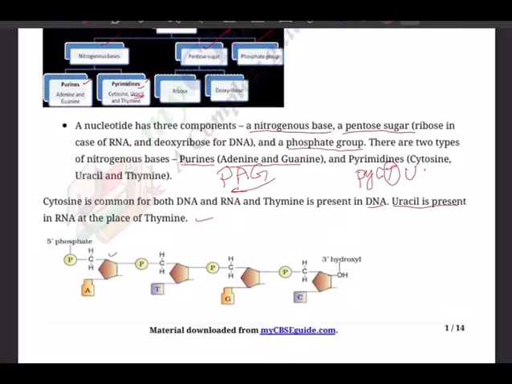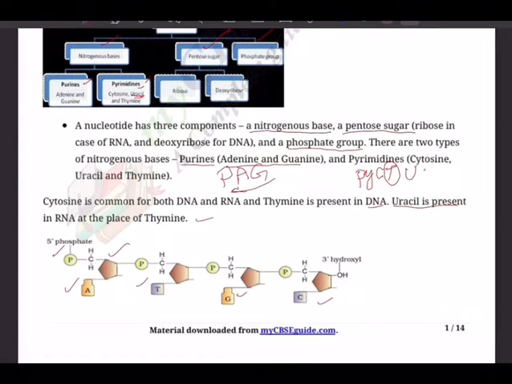So this is a pentose sugar, as you are seeing, and it is attached to a phosphate group. On the other side, the pentose sugar is attached to a nitrogen base, like A for adenine, T for thymine, G for guanine, C for cytosine.